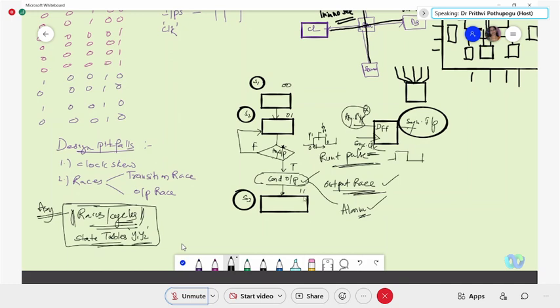Or else say a switching on or off, or a door lock or open system is there. This is the closed state and this is the open state, say. A door opening and closing.